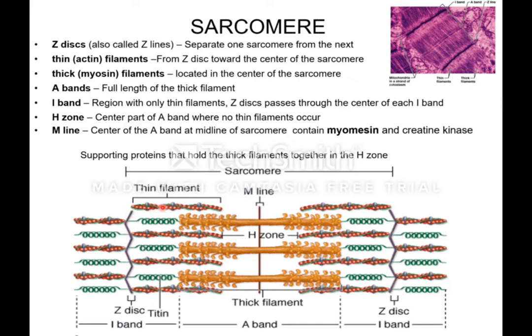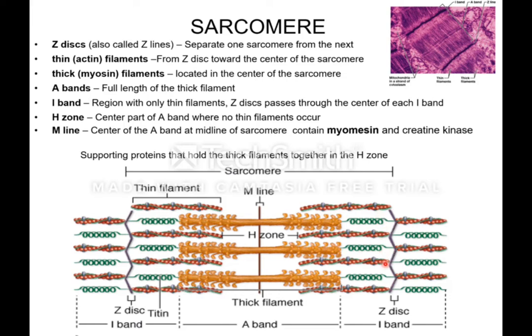And the thick filaments, which include myosin filaments, are located in the center of the sarcomere, this yellow color.